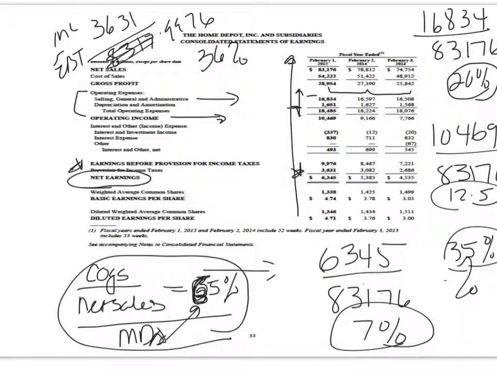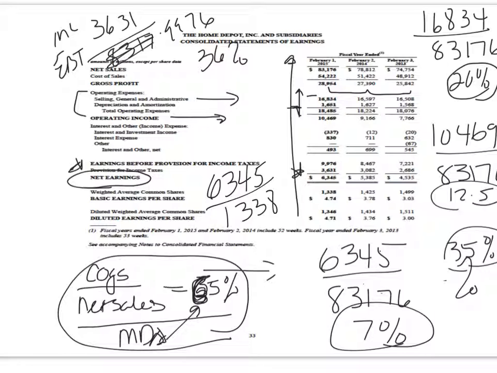So what I would take is the 1,338 shares, and I divide it into 6,345. So 1,338 divided into 6,345.